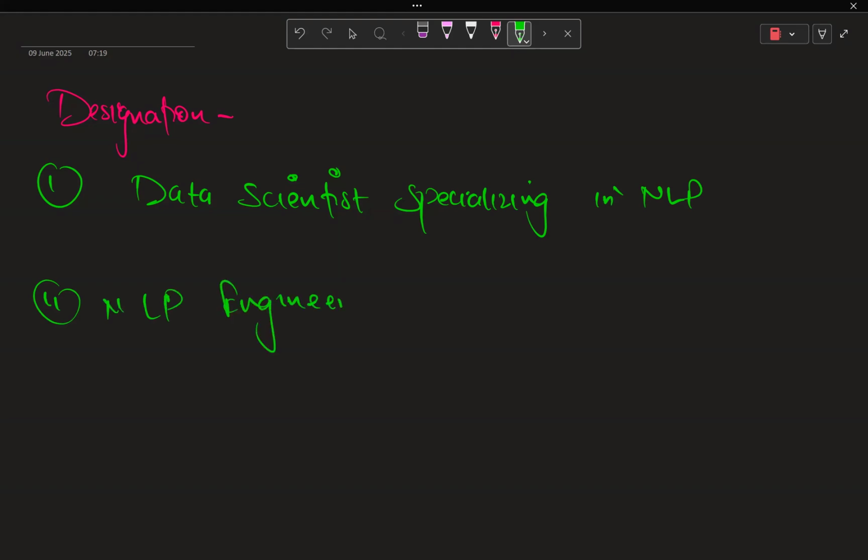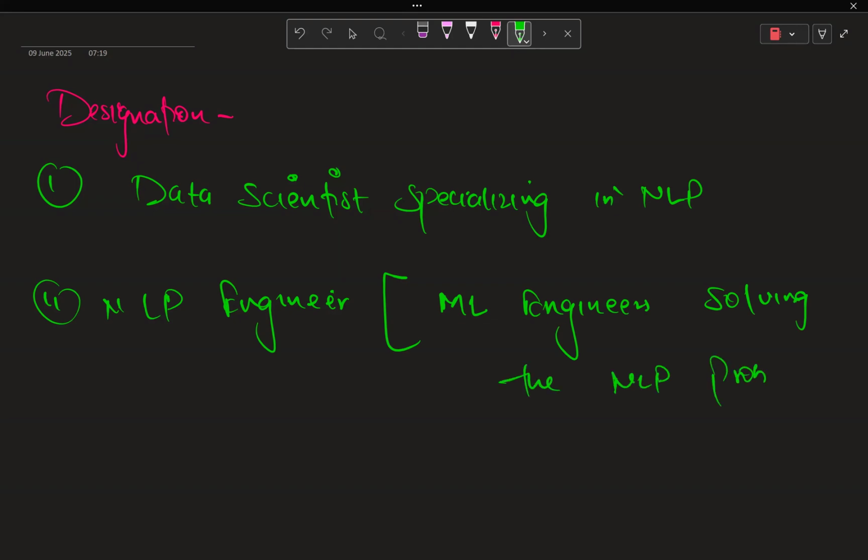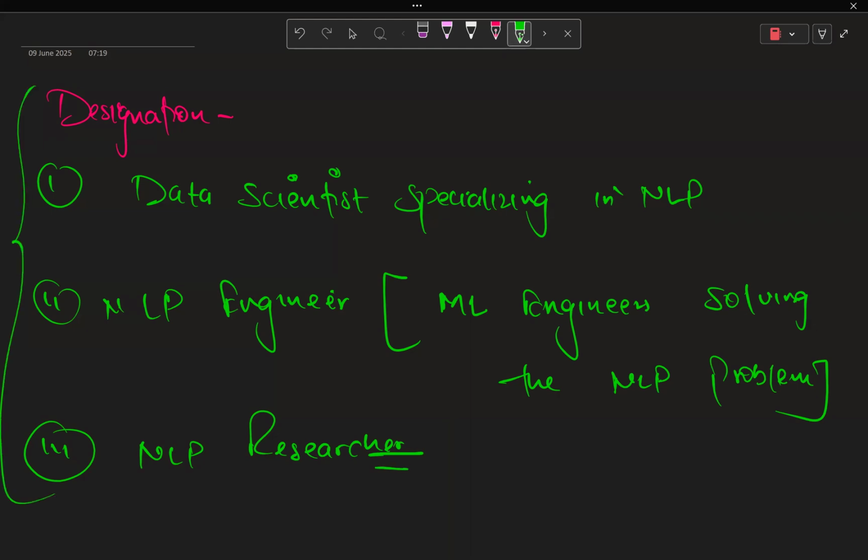But when I had a word with them, I realized they are mostly machine learning engineers solving NLP problems. You can also write NLP researcher. So these kinds of roles are there.